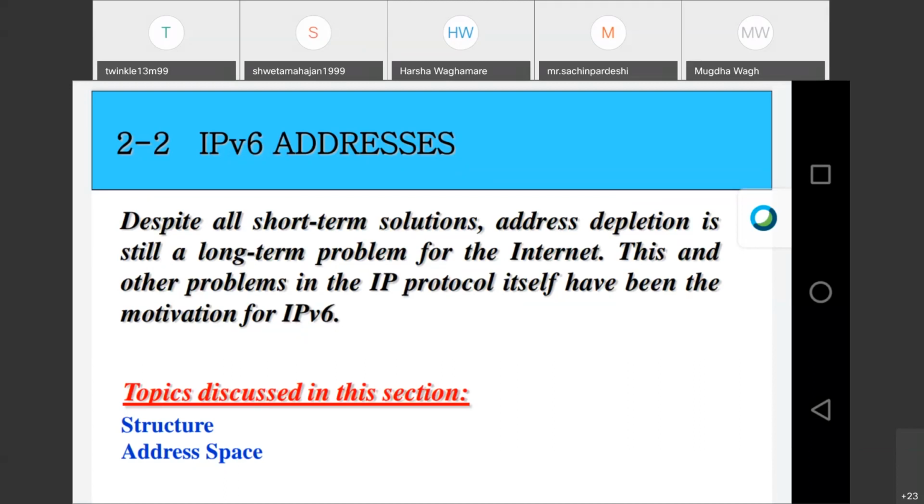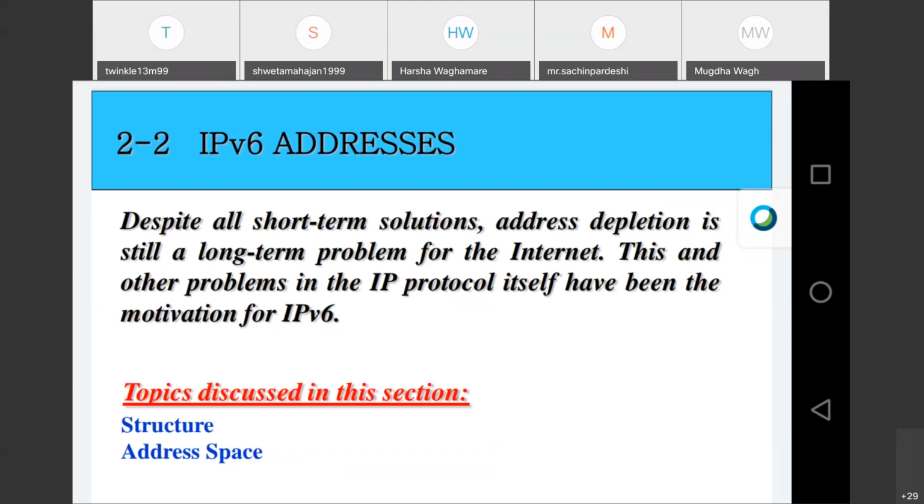The next solution we have seen is classless addressing. In classless addressing, we can provide the addresses as per the entity requirement, as per the customer requirement. For example, if the customer wants 3 addresses, yes, we can provide 4 addresses, because the address block must be a power of 2, and it must be contiguous.